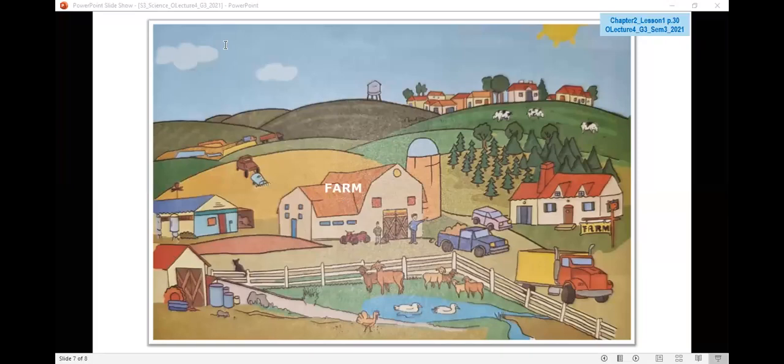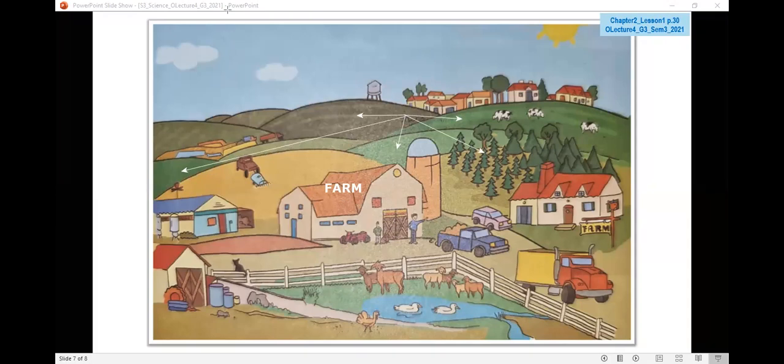No, it's not a desert ecosystem. Look: chickens, cows, dogs, green places and plants. We're talking about the desert, and this is not a desert ecosystem. This is a farm ecosystem.